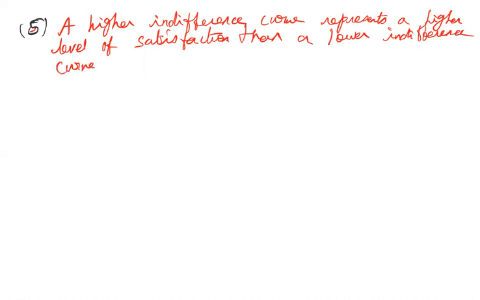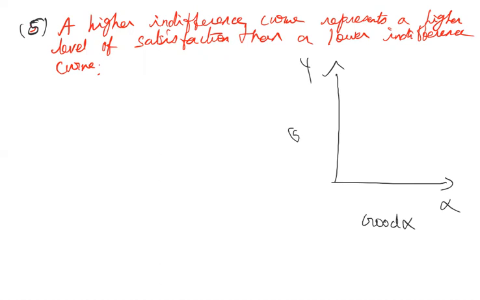Okay. So for example, let's draw a diagram. X, Y, as usual. Good X is represented on the x-axis and Y on the y-axis. So let us say the first indifference curve IC1, and the consumer can have another indifference curve IC2.